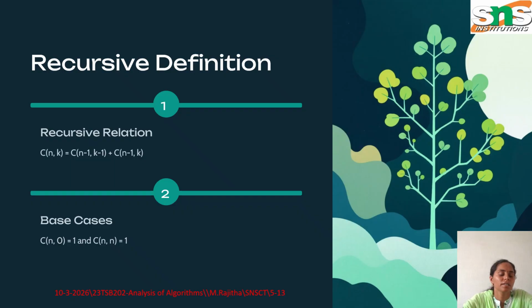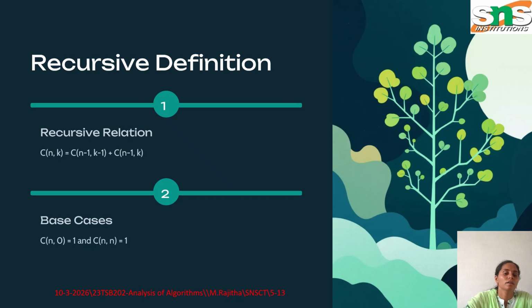Recursive definition. Instead of using factorial, we can define the binomial coefficient recursively. C of n, k equals C of n minus 1, k minus 1 plus C of n minus 1, k. This means to compute C of n, k, we break it into smaller sub-problems.